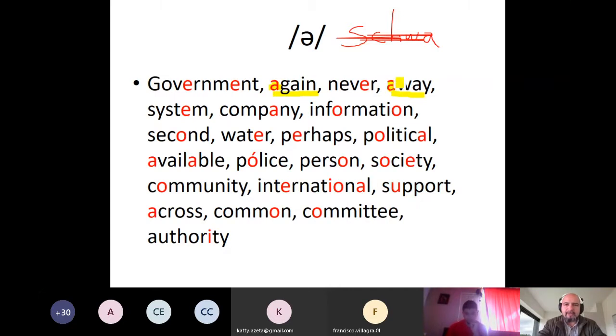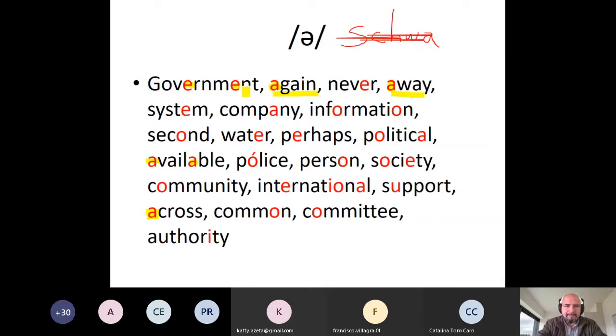Remember, even though you may read a letter with which you are familiar, this is not a sound we have in Spanish. So we have it in initial position here, and in middle position, available. Okay, across. Initial position. In middle position, we have government.